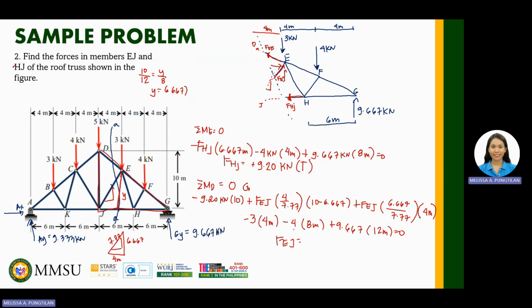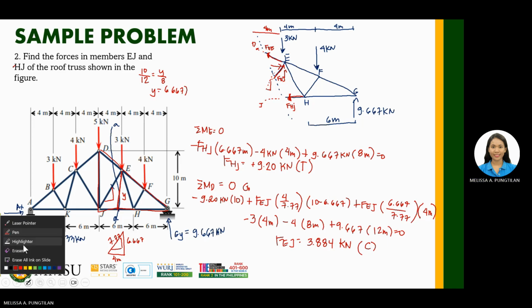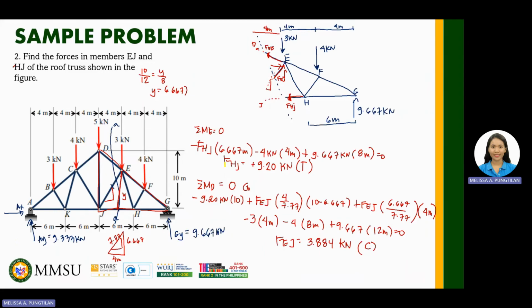So, FEJ is equal to 3.884 kilonewton. So, tama yung assumptions natin. Therefore, it is in compression. Okay. So, we are already done with the unknowns. Ang pinapahanap sa problem is the member FHJ and FEJ.